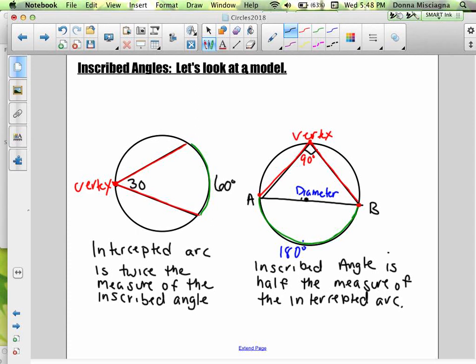And I think with what I've noticed, we may have discovered the relationship between an intercepted arc and the inscribed angle. So the intercepted arc is twice the measure of the inscribed angle. The inscribed angle is half the measure of the intercepted arc.